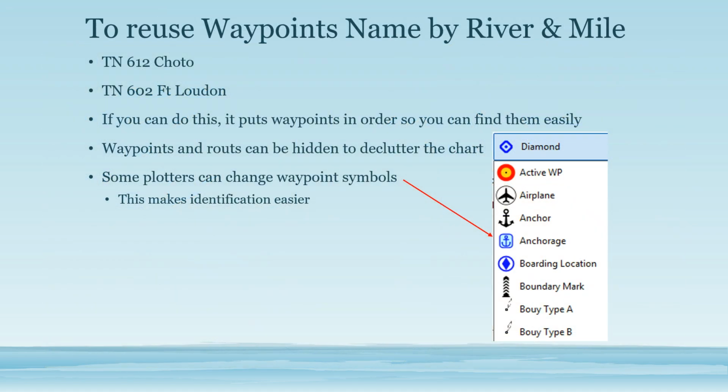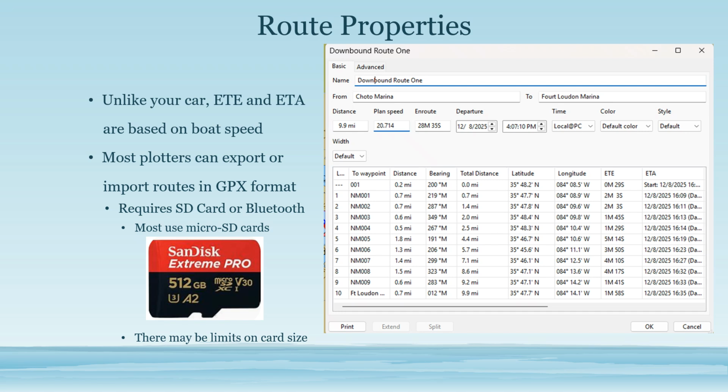With OpenCPN, you can select waypoint icons to make it easier to visually interpret the chart. After the route is developed in the comfort of your home, you can save it as a GPX file to import to your onboard plotter.